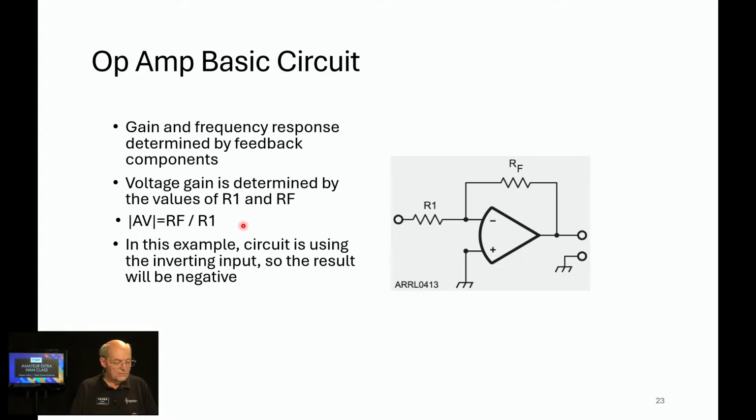And here's a formula saying the absolute value is RF divided by R1. Kind of a weird formula. But in doing the gain calculations, it's going to be extremely simple. It's one divided by the other. In this case, the circuit is using the inverting input, so the result will be negative. It'll go in the opposite direction of what's coming in on the inverting input.